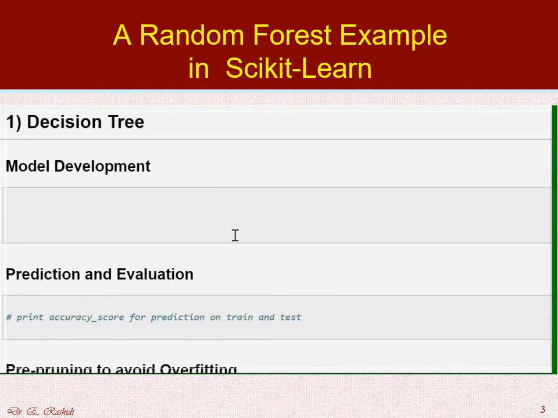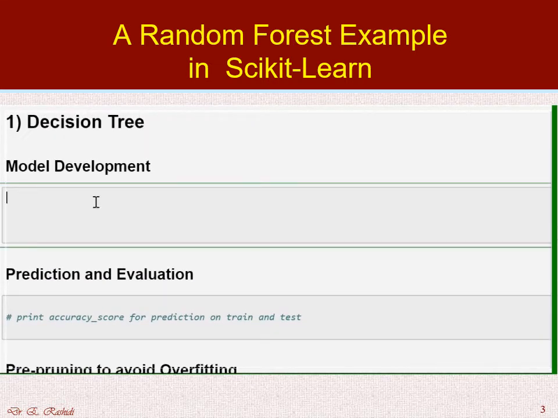We can go ahead and develop a decision tree first, and after that we're going to grow a random forest. So let's import first the decision tree classifier. It's in the module tree, and the name of the algorithm is DecisionTreeClassifier.